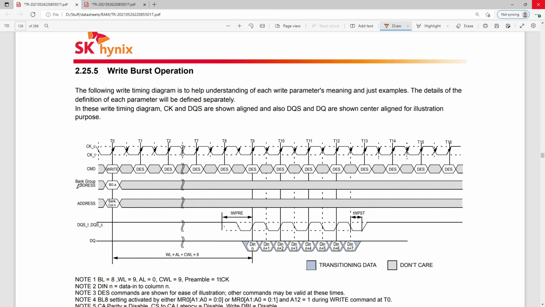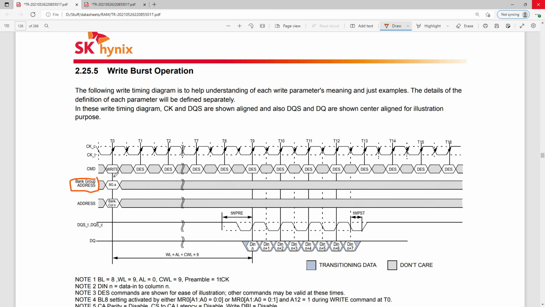Below that we have the bank group address. This is specific to DDR4 and DDR5, or some memory standards. Not all DDR has bank groups. All DDR has banks, but not all DDR has bank groups. But anyway, this is just an extra address bus that is used for DDR4, DDR5, and I think some of the GDDR technologies.